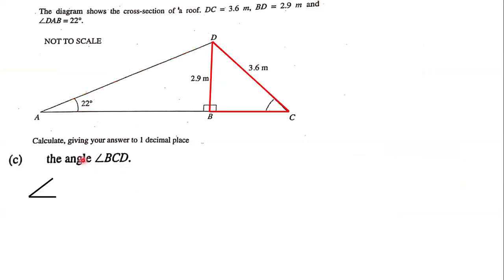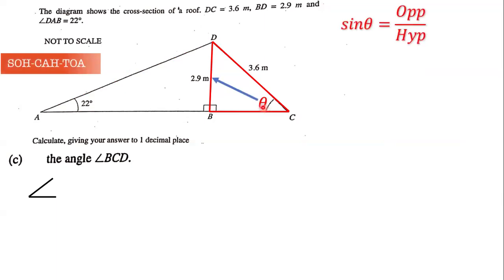Next, we need to determine the angle BCD. Now we have B, we have C, and we have D. What they really want us to figure out is the measure of this angle. And so we call this angle theta, and the side that is opposite theta, we call that the opposite side.